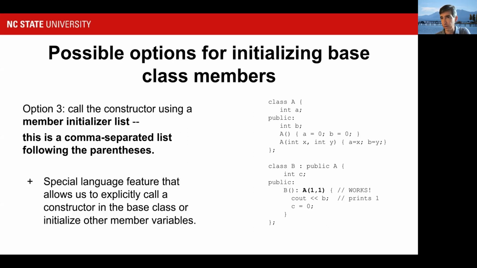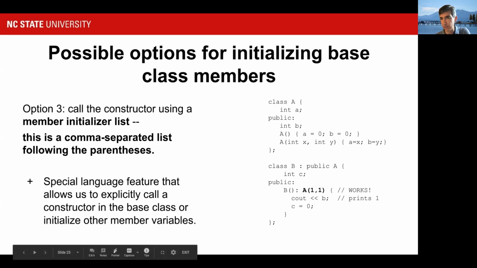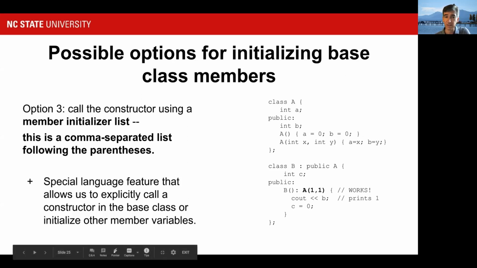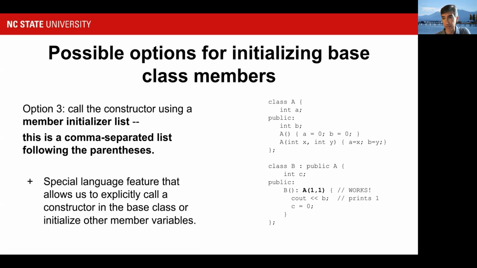And we could even do this on a non-default constructor in B. So any constructor in B, because it derives from A, should have a member initializer list, and it should say explicitly which constructor in A to use to initialize the parts of A that B shares. This is a special language feature that allows us to explicitly call a constructor in the base class.